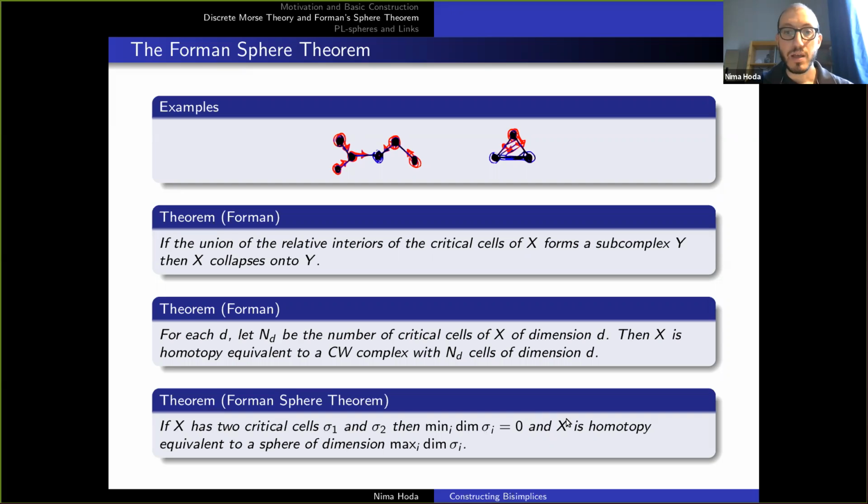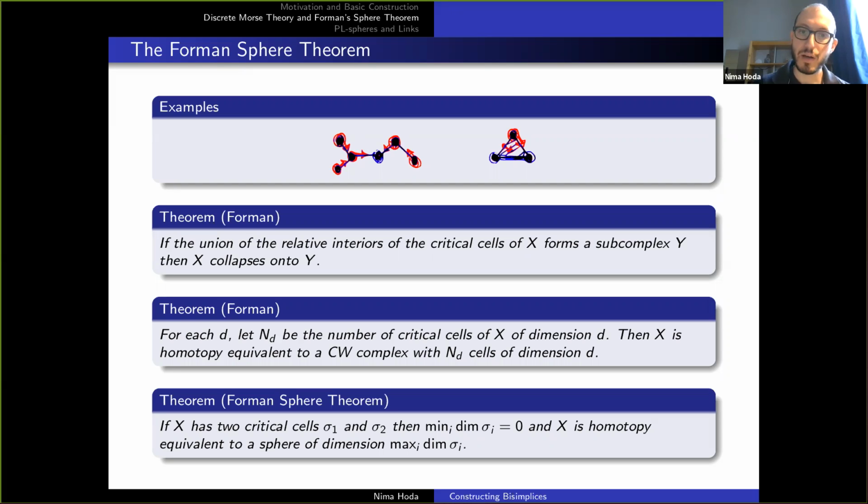And moreover, X is homotopy equivalent to a sphere of the dimension of the other critical cell, essentially because any CW complex with two cells is a sphere. One of them has to be a 0 cell, and the other one is either also a 0 cell, in which case you have a 0 sphere, or it has non-empty boundary, and the boundary is just mapped to the first vertex.